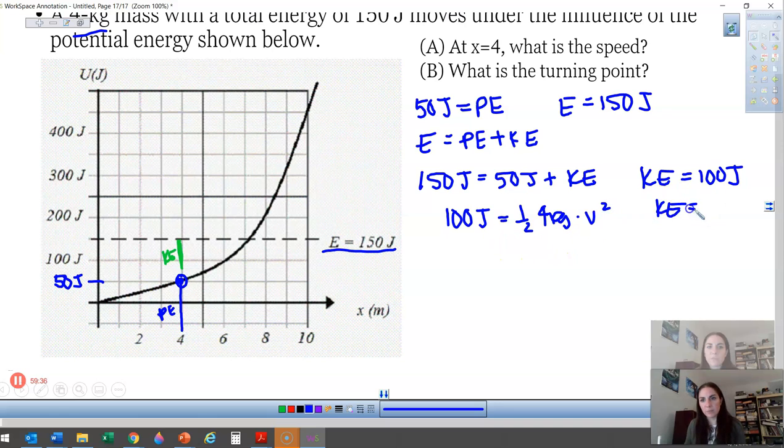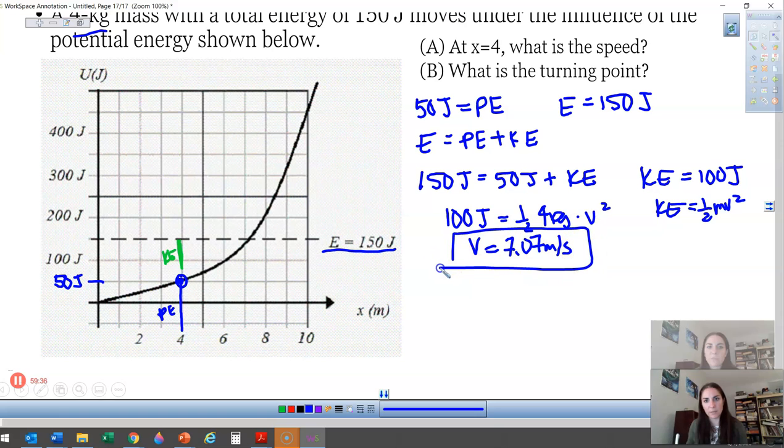So what I'm doing, again, I'm moving too fast, I'm sorry, is I'm setting this equal to 1/2 mv squared. So 100 times 2 divided by 4, square root my answer. The velocity at that instance is 7.07 meters per second, like that.